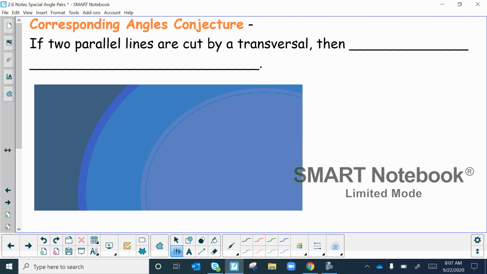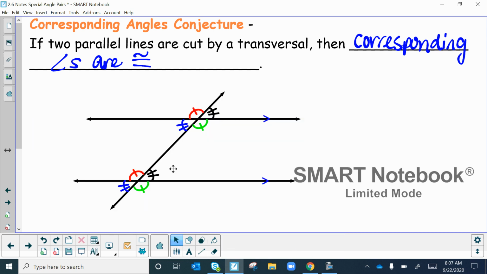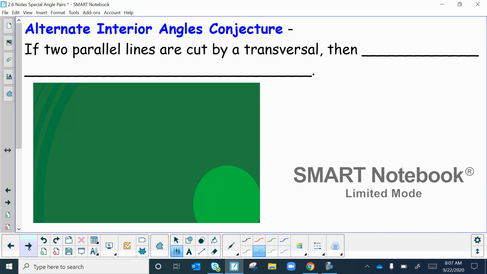So we're going to write this: if two parallel lines are cut by a transversal, then the corresponding angles are congruent. I'm going to use symbols. Always, always, always. Here's another picture to show that. It's almost the same colors that we just did. Only, again, if you have parallel lines. If they're not parallel, then they're not congruent.